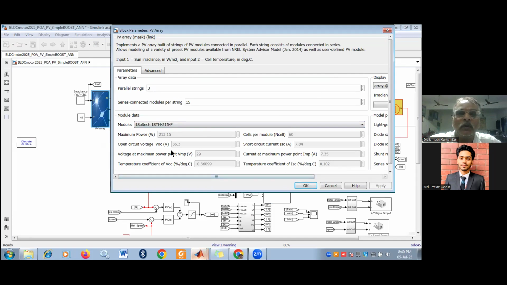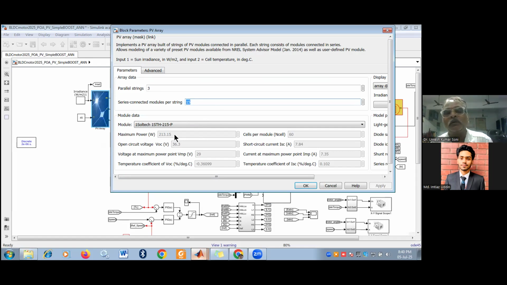We have maximum power for a particular array. Suppose we have three parallel strings, three parallel PV modules, and 15 series connected modules. In series connection, the voltage will be multiplied, and in parallel connection, the current will be multiplied.